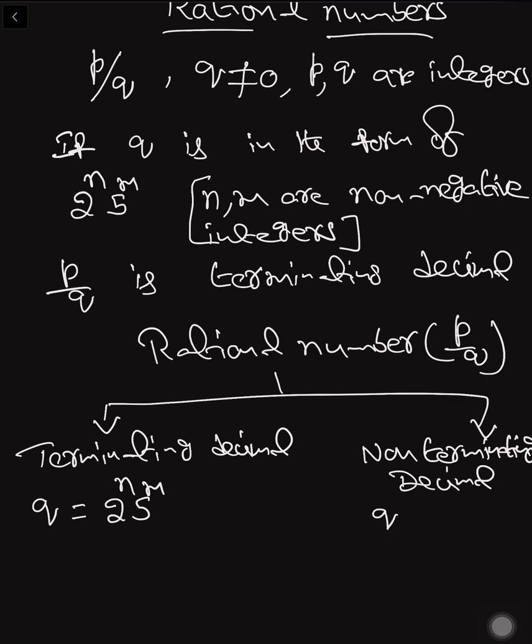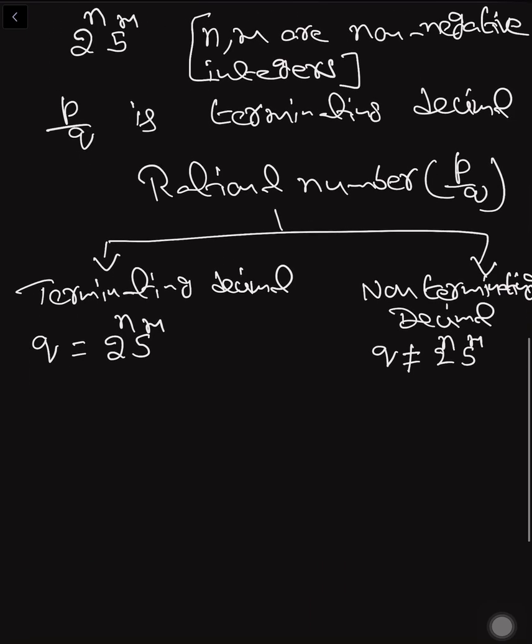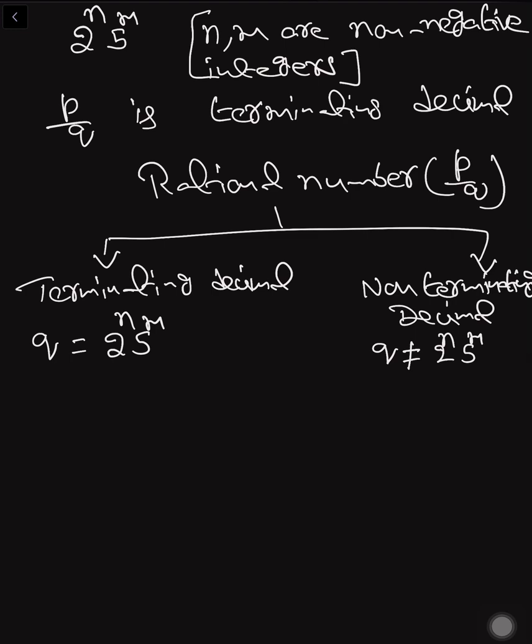Otherwise Q is not in that form. Here n, m are non-negative integers. Students, I think you have understood the concept.